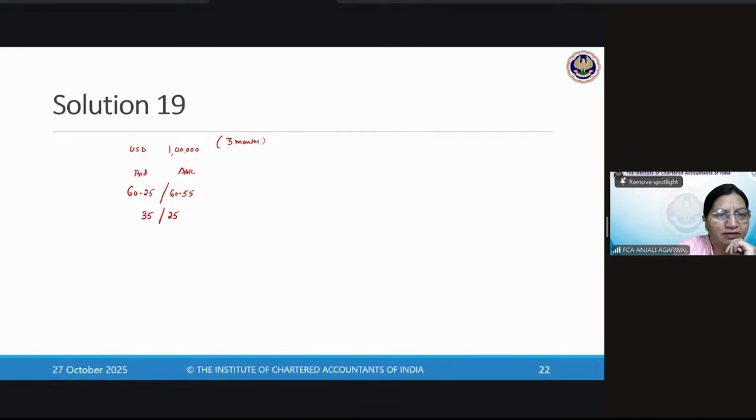So if the rates increase, they will increase here also, they will increase here also. Let's say the rates have increased by 30. So technically now, if both are added, the new bid should be 60.55 and your ask should be 60.85, right? Yes, if swap points increased by 30 actually.